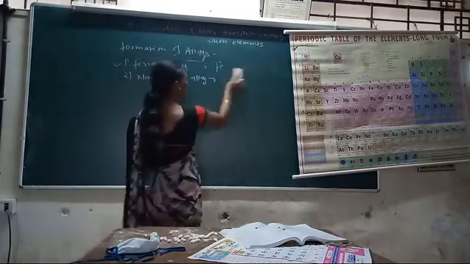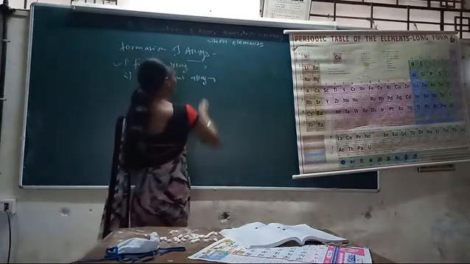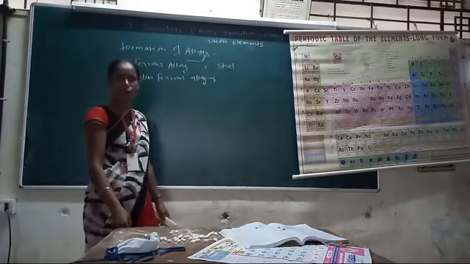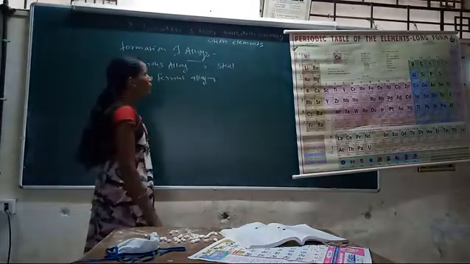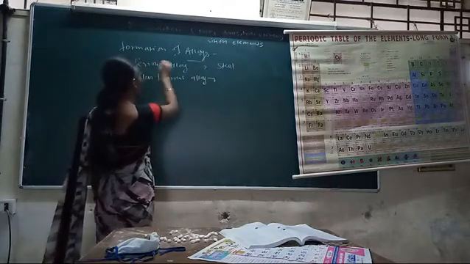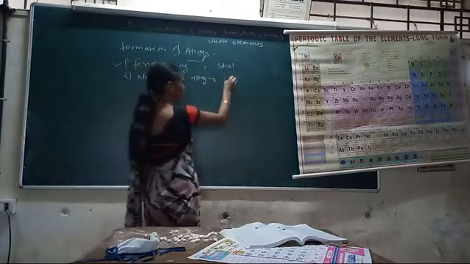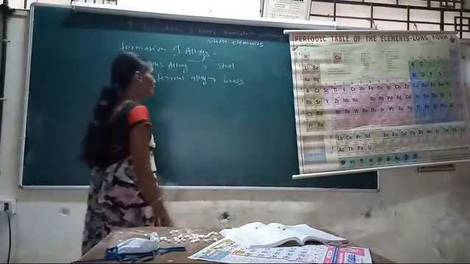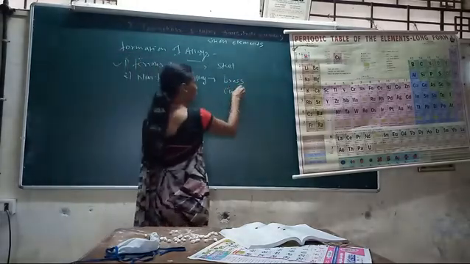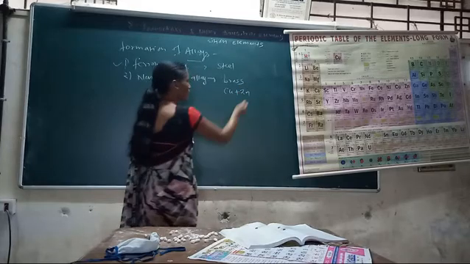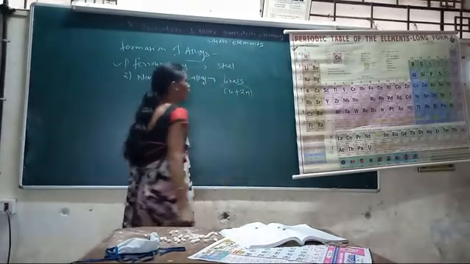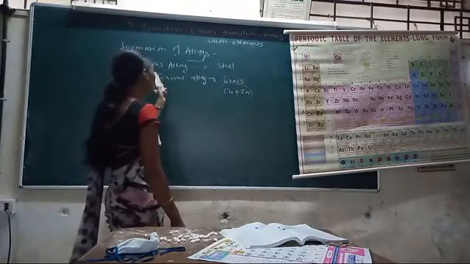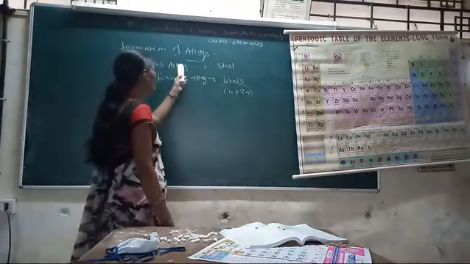For example, the first ferrous alloy is steel. Steel is an alloy of Fe, meaning this is a type of ferrous alloy. Then brass. Brass is a non-ferrous alloy, a mixture of copper and zinc. Brass is not a ferrous alloy.